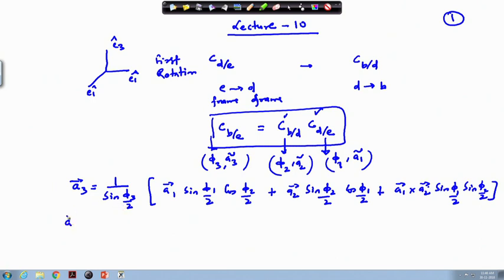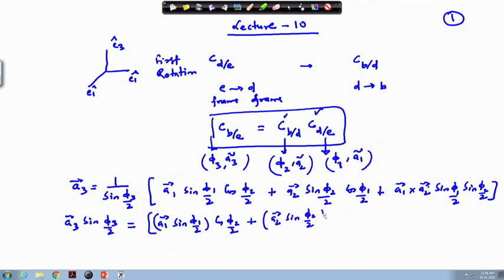So, what if we write this quantity as A 3 sin phi 3 by 2? This is equal to A 1 sin phi 1 by 2 cos phi 2 by 2 plus A 2 sin phi 2 by 2 cos phi 1 by 2 plus A 1 sin phi 1 by 2 cross A 2 sin phi 2 by 2.